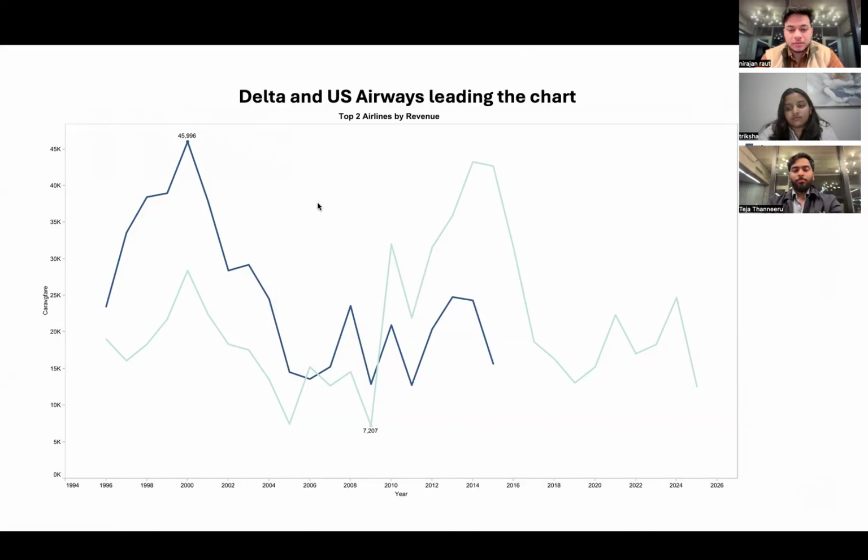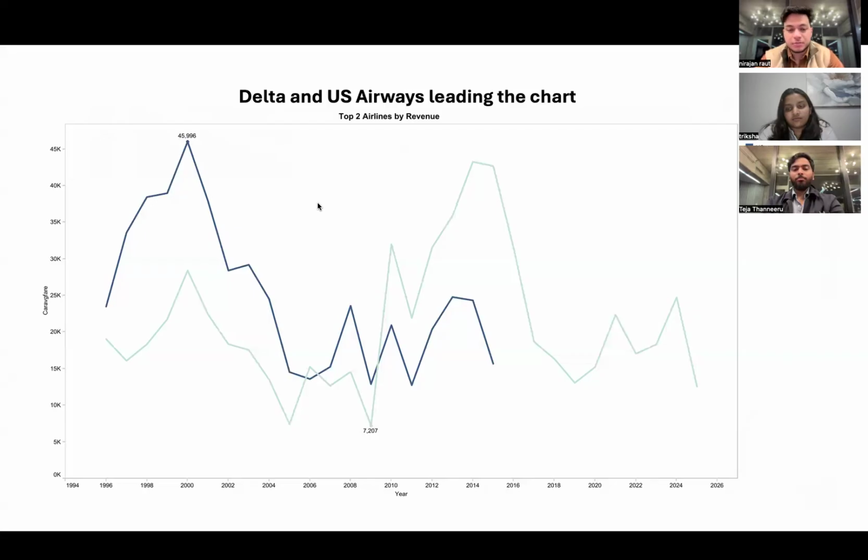It is remarkable how these two airlines managed to stay at the top despite different external shocks. Even when fares fall, they maintain revenue, and it is through their operational scale and route efficiency, which can be concluded from this data analysis too.